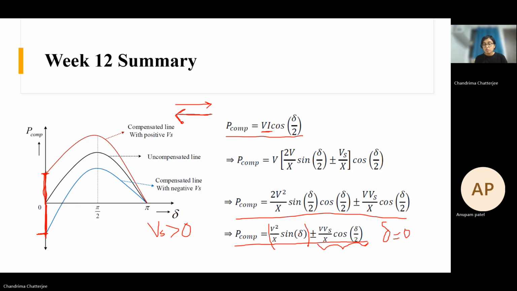Here, when delta is equal to 0, then this term vanishes because sine delta is equal to 0 and this term remains. If Vs is negative, this power flow is also negative, right? Till this point, it is negative, and from here, it becomes positive. So the conclusion is if SSSC voltage is negative, then there is a possibility of power reversal.